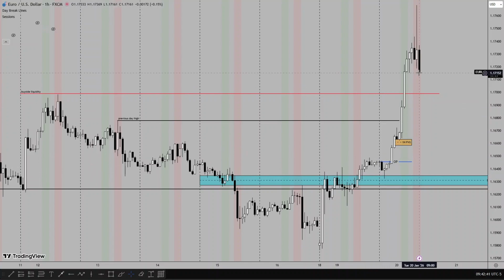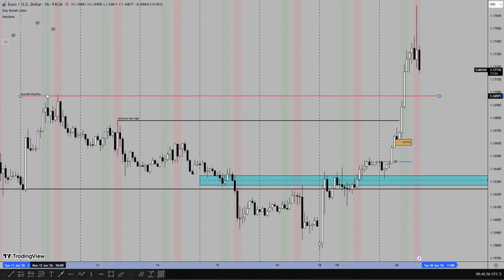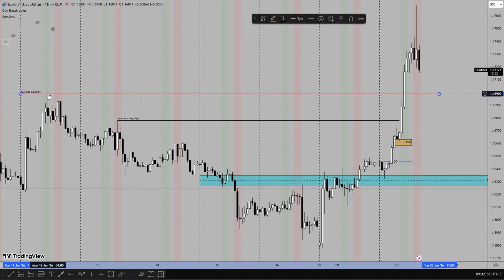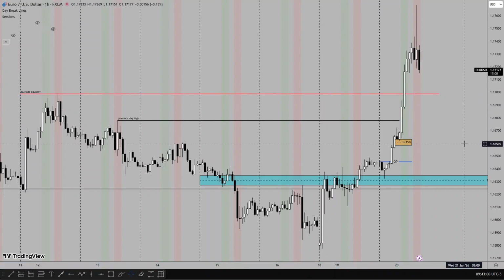Now there might be a continuation from a 1 hour fair value gap, but for the immediate time, a retracement to that 1 hour fair value gap should be your draw on liquidity, mostly because price already took out a higher time frame point of interest, which is the buy side liquidity.